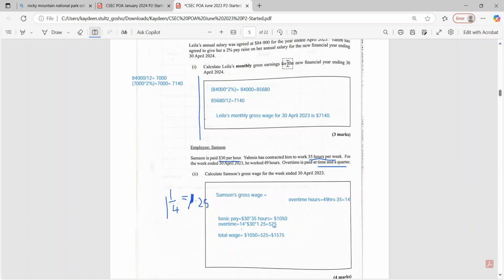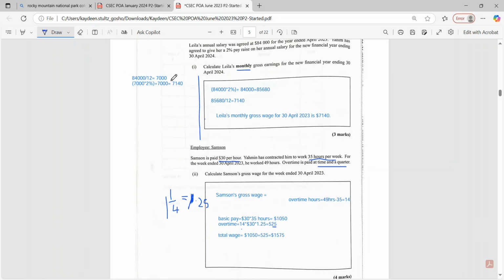Now you need to find the monthly gross wage, right? So we have monthly. So we're going to ask ourselves how many months are in a year, and that is 12. So now you need to divide the total pay by the 12 months, and you're going to get 7,140. So therefore, Leila's monthly gross wage is 7,140.